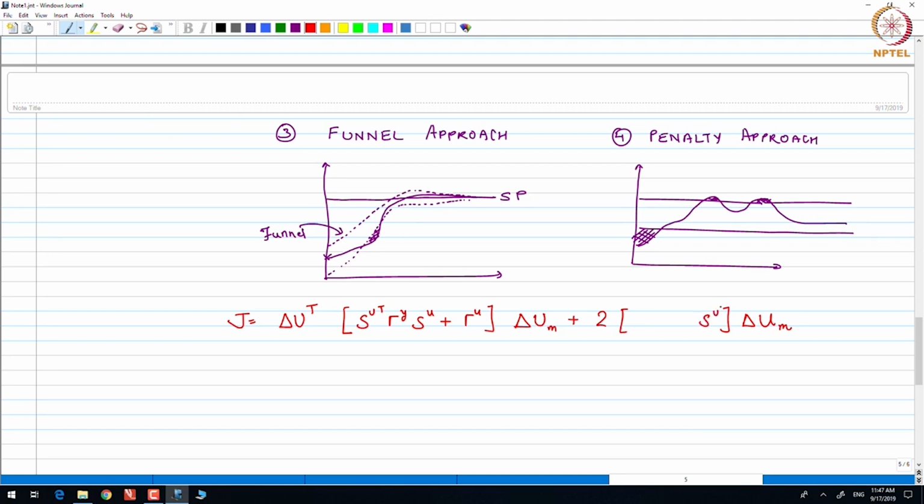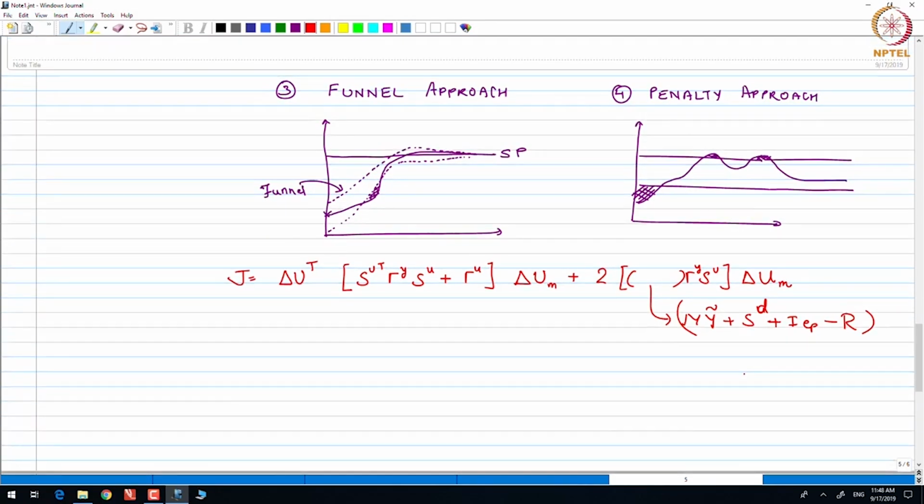I think it could be something like SU gamma Y and M Y tilde plus SU plus SD plus IEP minus R, something like this. Look up the notes. Do not rely on this. I am doing this from a quick derivation from memory. That is how you write this. First term Hessian, second term gradient.